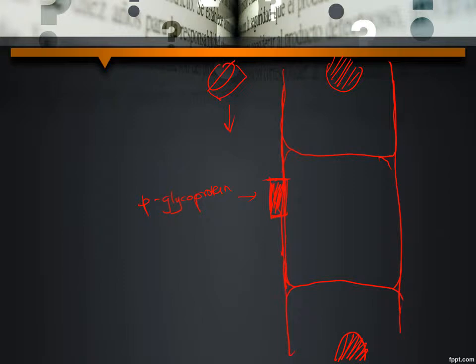Usually whatever drug is passing through the membrane, once it's detected by this protein, they will pump the drug out from the cell, to protect your body. This is what you call the system of P glycoprotein.